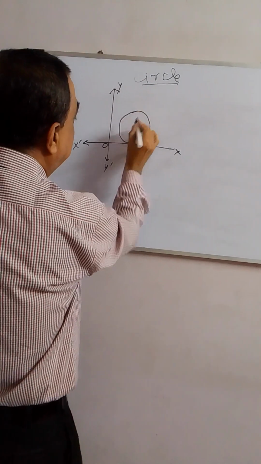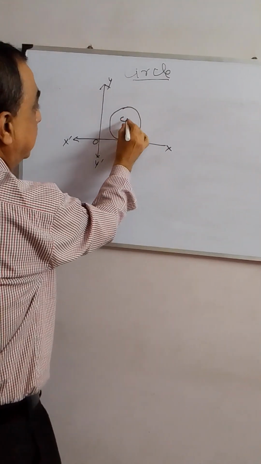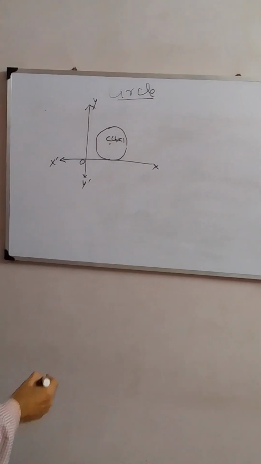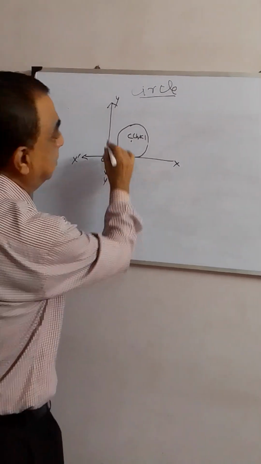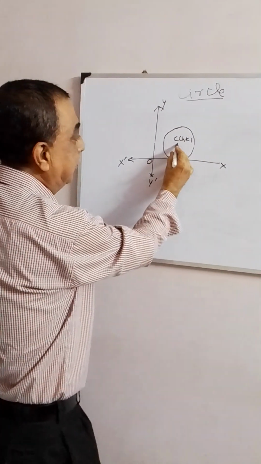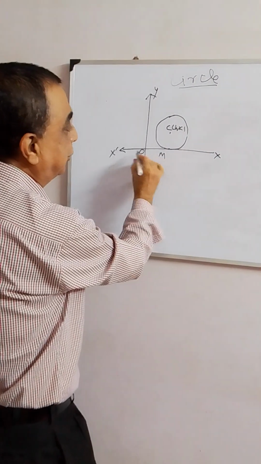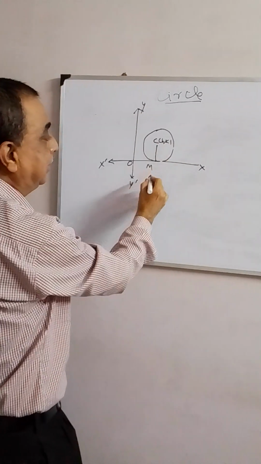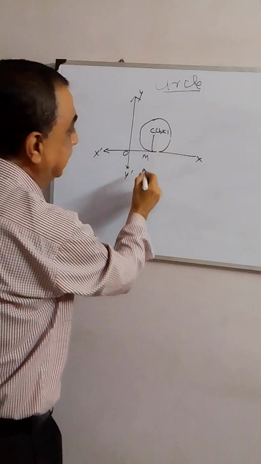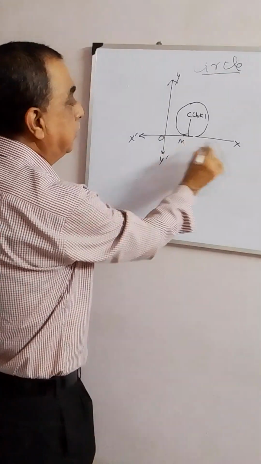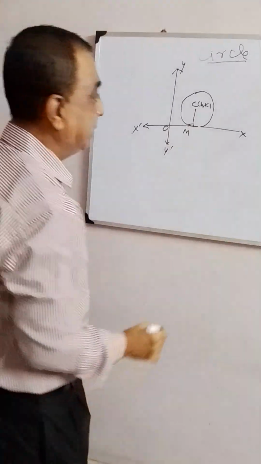This is the center, and let's suppose the coordinates are h, k. So the x-axis will be the tangent to this circle. Suppose the circle is touching the x-axis at the point M. If I join CM, CM will be the radius, and it will be perpendicular to the x-axis, because the radius is perpendicular to the tangent.